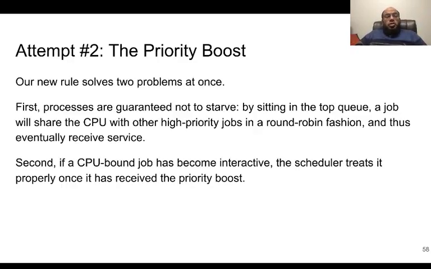This way, you're actually guaranteed that no process will be starved. Every single process will have time on the processor because it will move to the top queue after S time units. Second, if a CPU-bound job has become interactive, basically if a job changes its nature and was stuck in Q0, all of a sudden now it can move up the queues and become again in the highest queue. So it gets this priority boost.